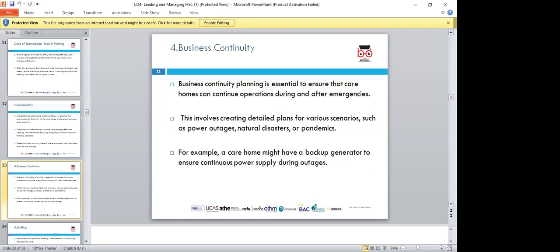Business continuity planning is essential to ensure that care homes can continue operations during and after emergencies. It involves creating detailed plans for various scenarios, such as power outages, natural disasters, and pandemics. For example, a care home might have a backup generator to ensure continuous power supply during outages.